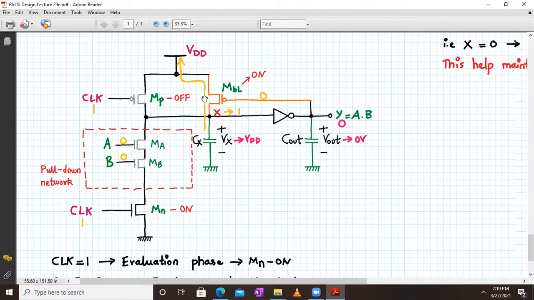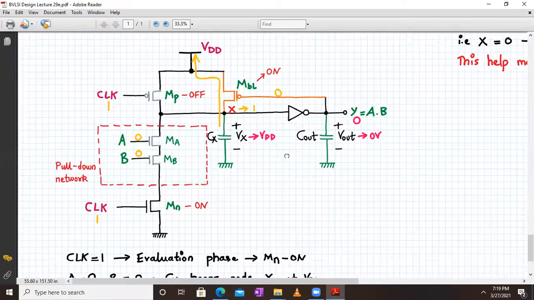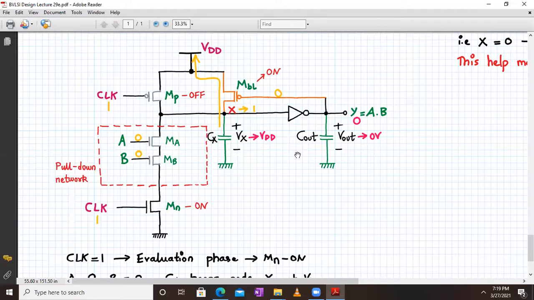Whenever this bleeder transistor is turned on, it will pull up the internal node voltage towards VDD. So my Vx value will be VDD, and my output will remain at 0 volt for A and B both 0. In this way, my keeper transistor circuit will be solving the problem of charge sharing more or less in the case of domino CMOS logic.